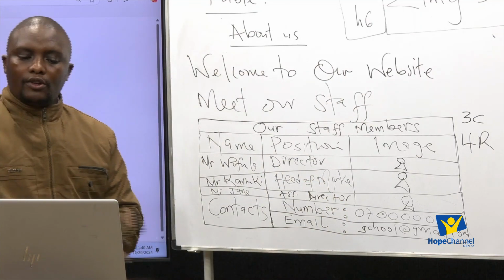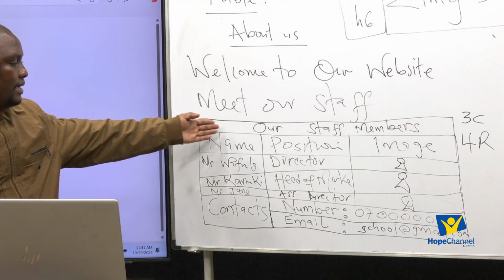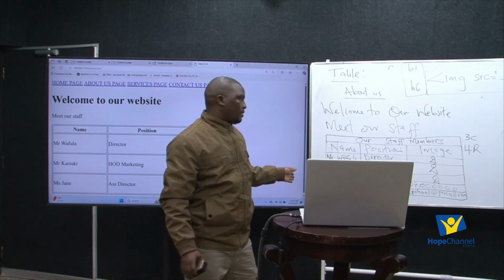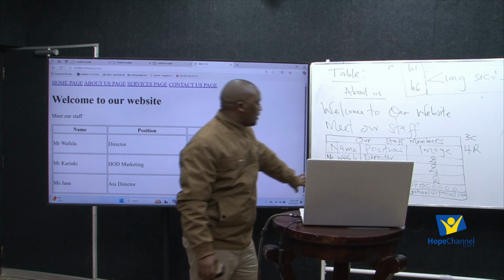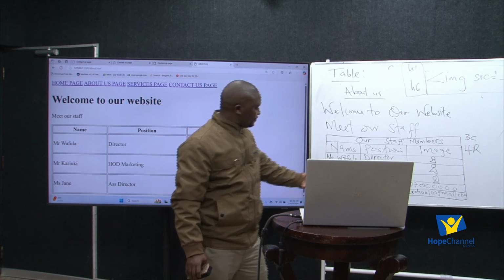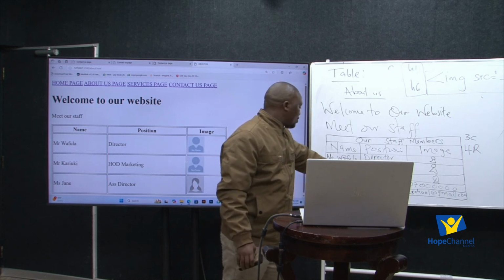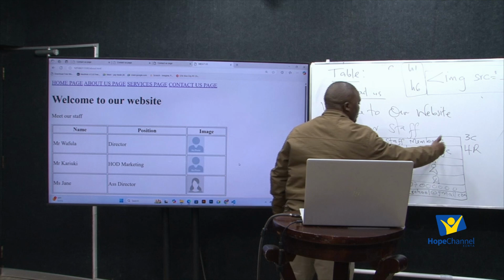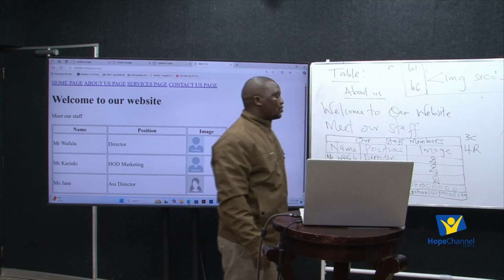Don't mind the content, the structure is more important. So at this point, you can see we have one cell that has gone across several columns within the first row, and at our last part here we have contacts that is going across several rows, and we have number that is going across 2 columns, and email again going across 2 columns.